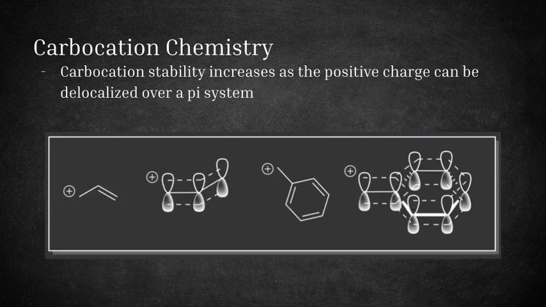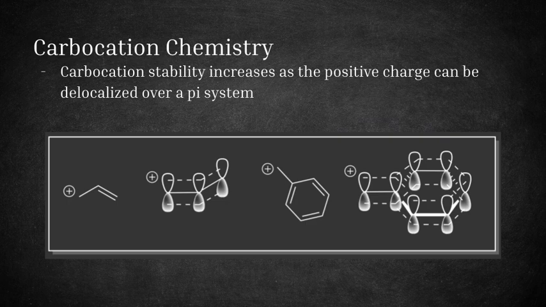Unsurprisingly, the positive charge on carbocations is even better stabilized when it can be delocalized over resonance-stabilized pi systems. The planar geometry of the carbocation, with its perpendicular empty p orbital, allows it to align with adjacent p orbitals in a pi system, enabling resonance stabilization.